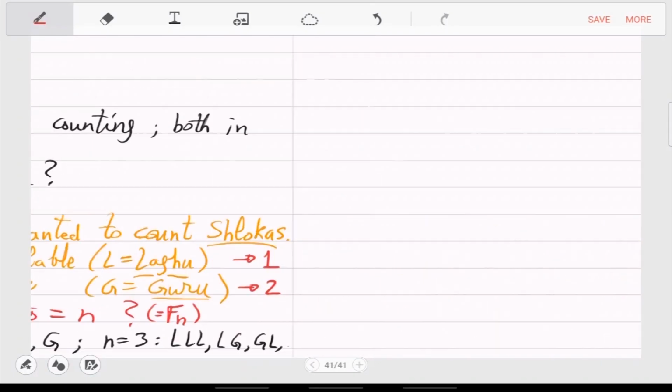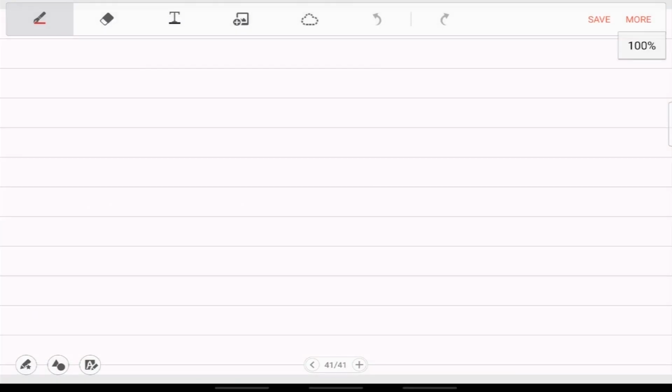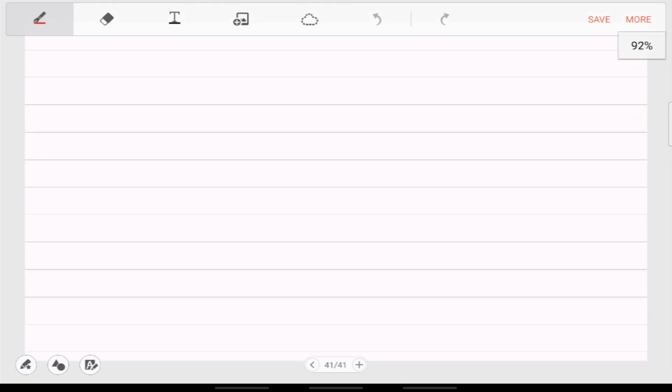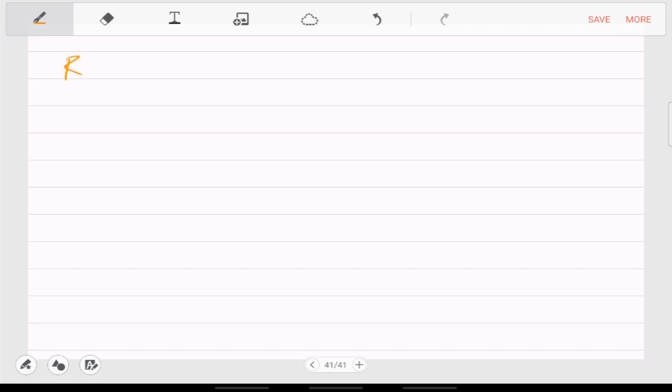So let's call this function, in a motivated way, Fn. Okay, and let us now write the recurrence for it. So these shloks are 2 cases, right?